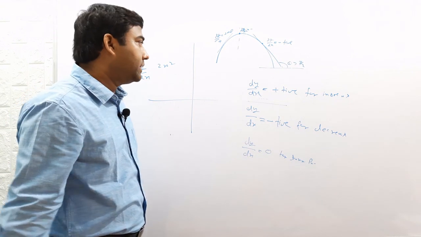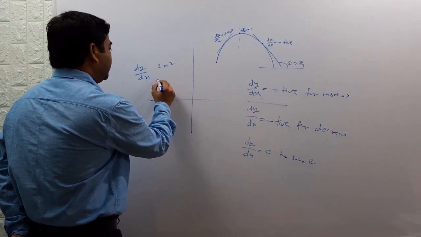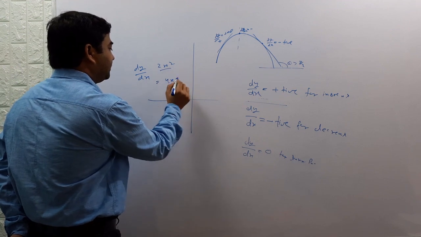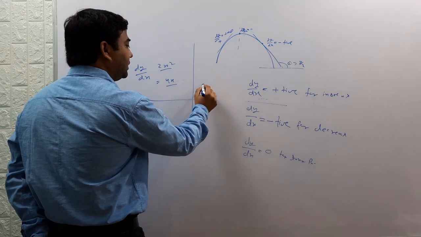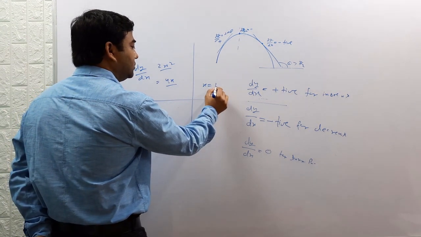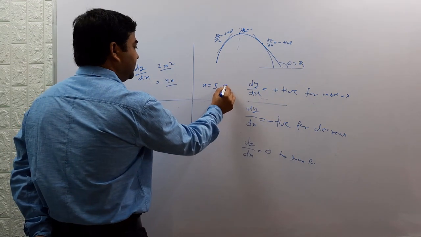Another method: at a certain point, dy over dx, this value is 4x. So let us say for point x equal to 5, y equal to 50.